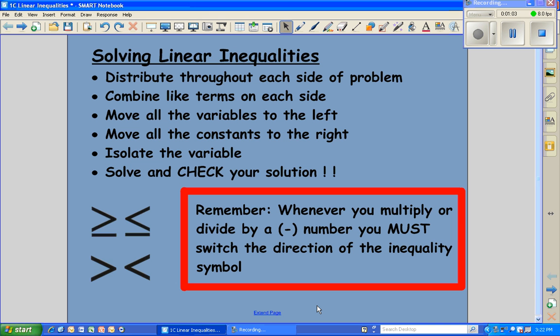But if in the process of getting the variable by itself, you have to multiply each side by a -2, because you're multiplying by a negative number, whatever the symbol is going to become the opposite. So if it was greater than, it's going to become less than. If it was less than or equal to, it's going to become greater than or equal to. All right, so that red box is really important.